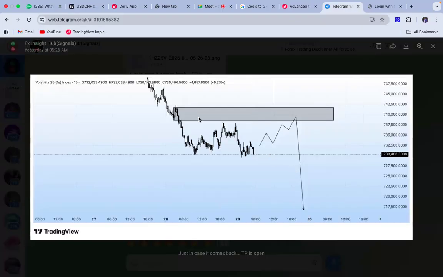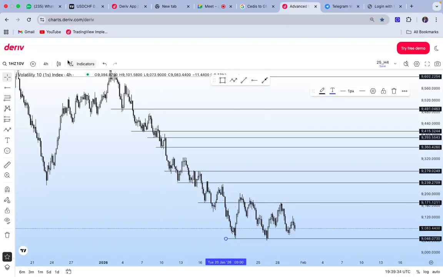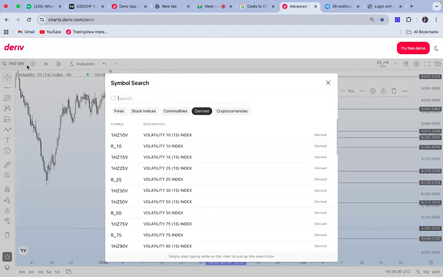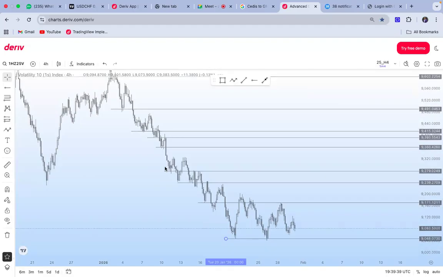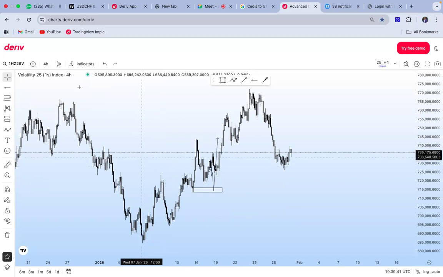So this is Volatility Index 25, this one, 25 1s. And then I did something like this. Let's go and check what happened over there. So this was 25 1s, right?